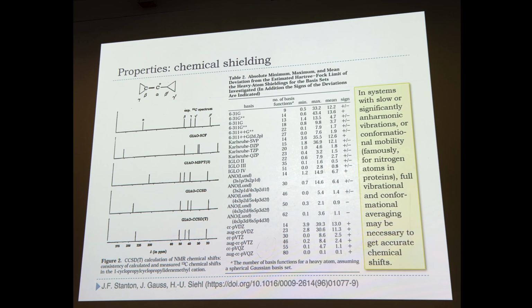In systems with significantly anharmonic vibrations, conformational mobility, and so on, vibrational and conformational averaging may be necessary. A notorious example is the difficulty with predicting chemical shifts of peptide bond nitrogens in proteins, because the out of plane vibration of the nitrogen in the peptide bond is strongly anharmonic, but the chemical shielding tensor depends strongly on that out of plane displacement.